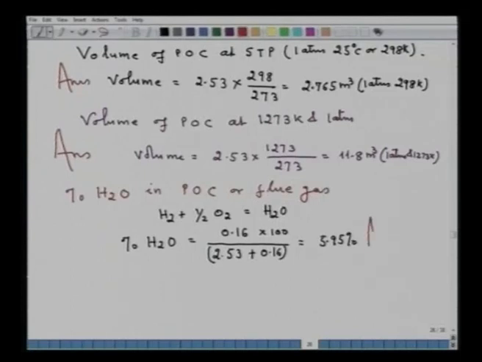So, this is the answer. The Orsat analysis is given on dry basis, and the moisture content is 5.95%.